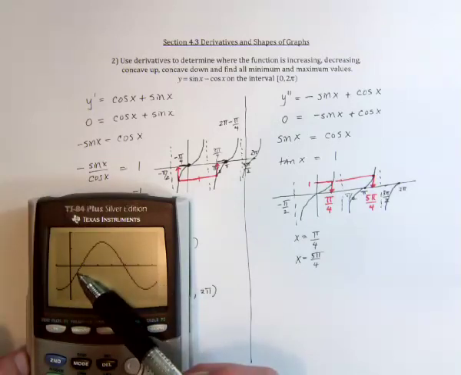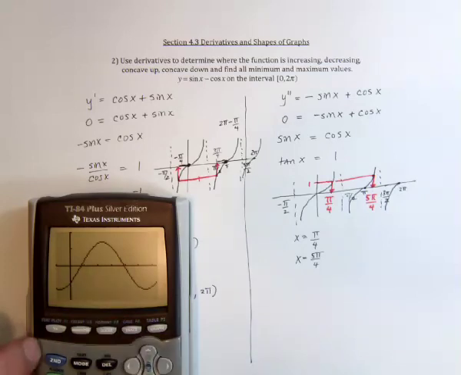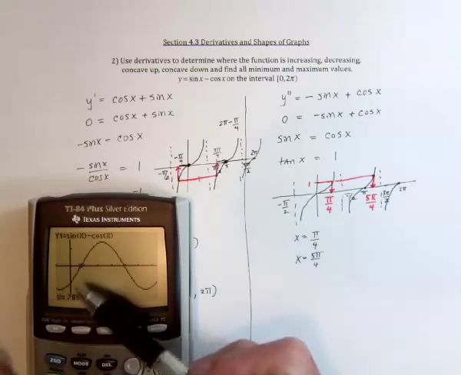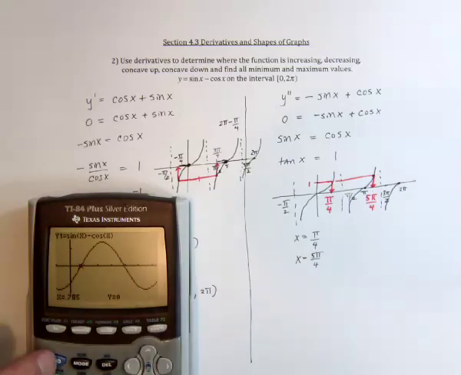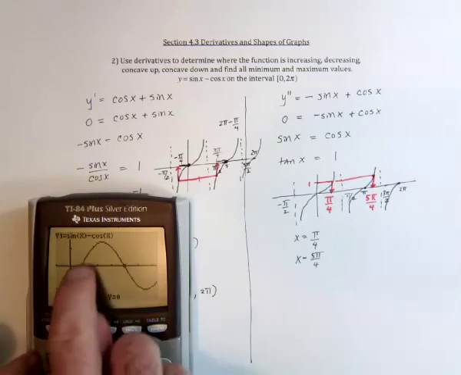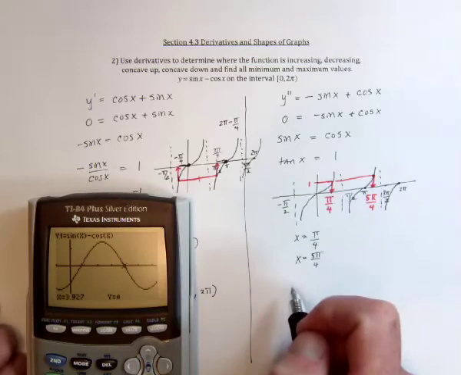And somewhere over here or so, it changes and that side is concave up. So let's see, trace and try pi divided by 4. Okay, so this side is concave up, and also try 5 pi divided by 4. Alright, so in the middle it's concave down, and on the two sides it's concave up.